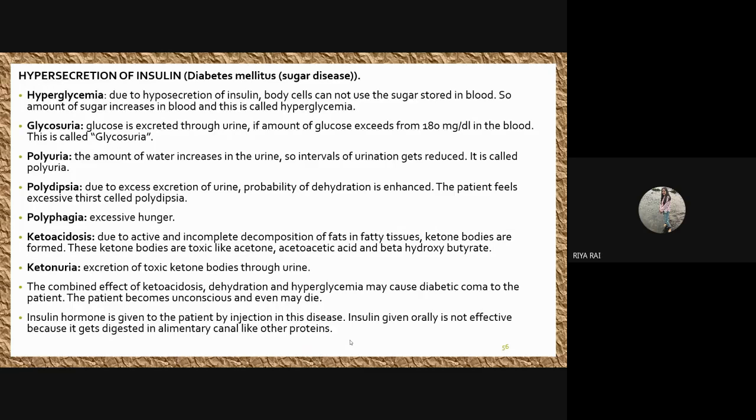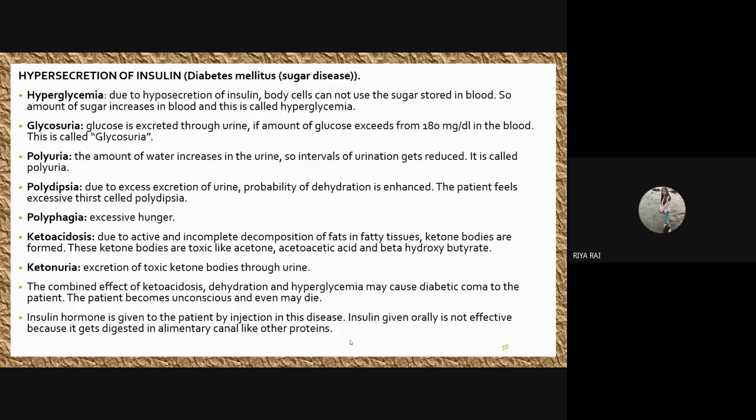As I have discussed earlier, insulin inhibits lipolysis and it promotes lipogenesis. Without it, lipolysis will not occur, meaning the lipid will not get broken down. Thus, the deposition of lipid will give rise to ketone body formation, and these ketone bodies are toxic, like acetone, acetoacetic acid, and beta hydroxybutyrate.